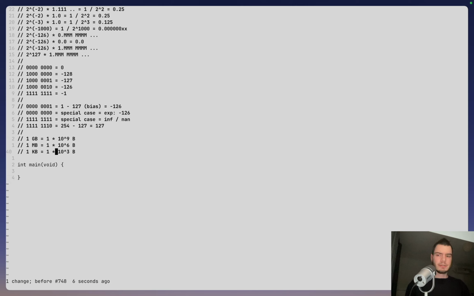Now, if you want to add two numbers together, you can't just do 1 gigabyte plus 1 megabyte and just add the two ones together. What you first have to do is get them into the same exponent or the same unit. Meaning, if you want to calculate the sum of 1 gigabyte and 1 megabyte, you would do the following.